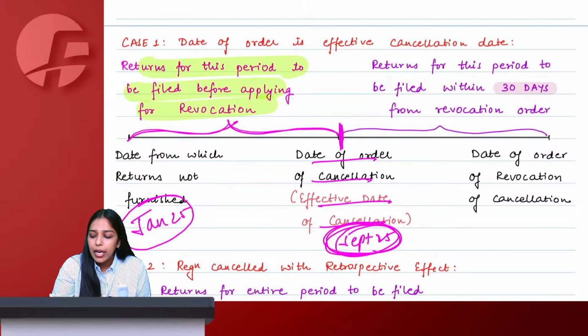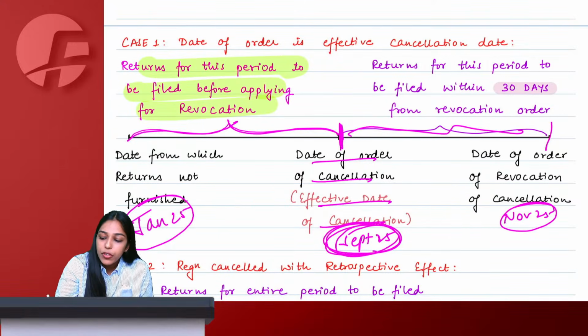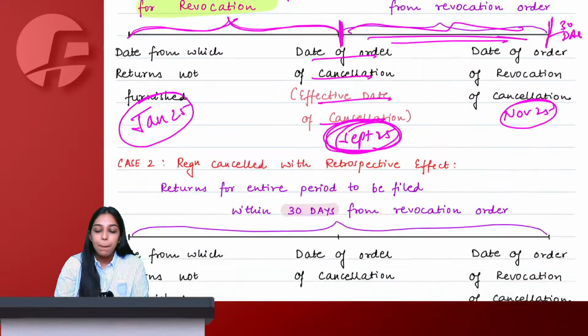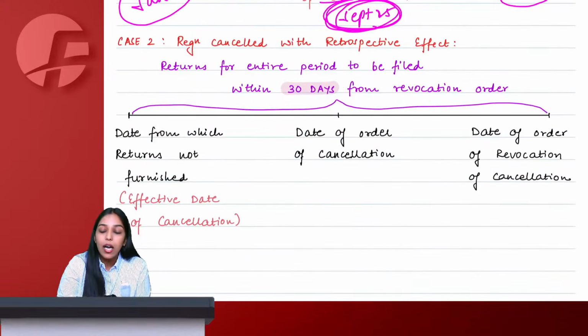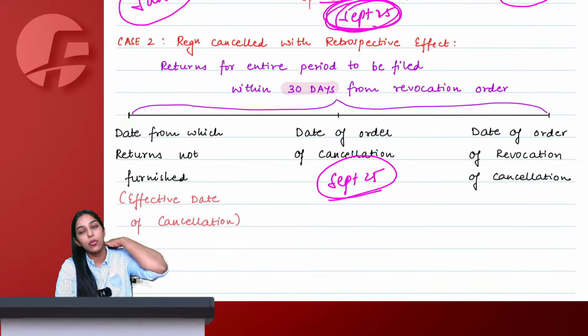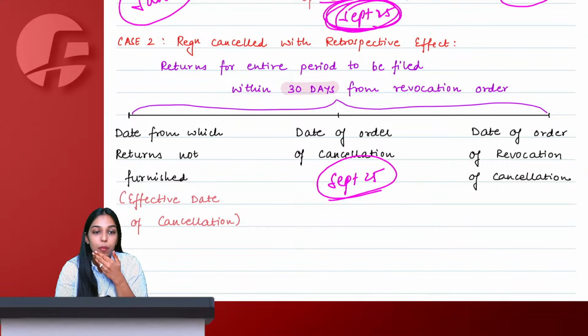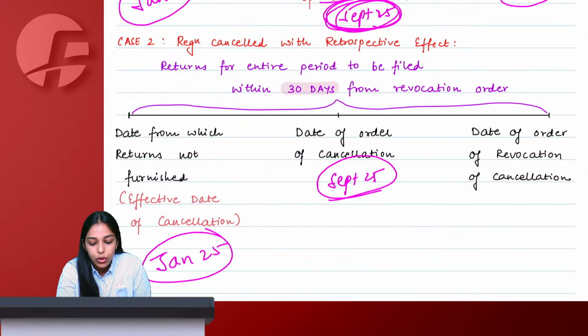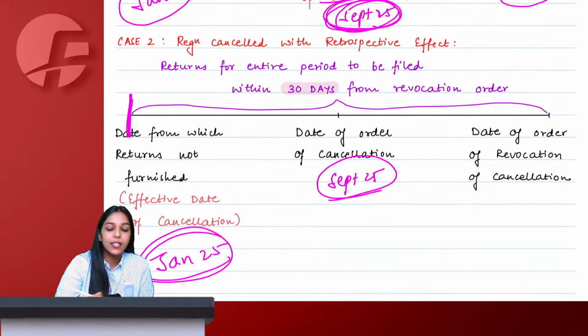Now let us say I am revoked from November 25. Then for this remaining period, within 30 days from here, I will file the pending returns. Or let us say I got the cancellation order in September 25, effective from Jan only. I stopped filing my returns from Jan, and the officer retrospectively cancelled me from Jan 25, which means this is my date of cancellation.